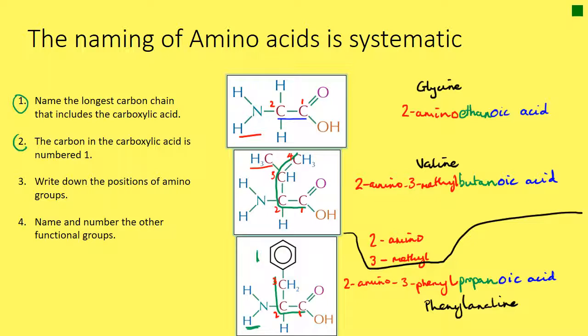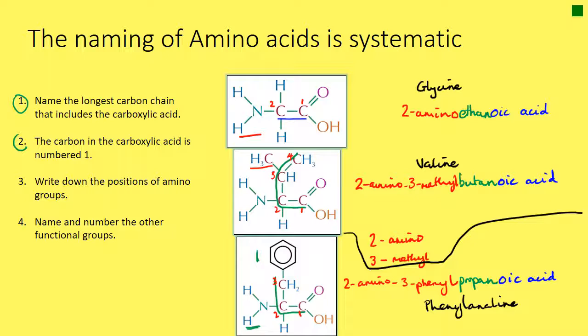So here we've got an amino acid. This is our simplest amino acid, where the alkyl group is just another hydrogen coming off the central carbon atom. Before we even start, let's remember that the systematic names for all amino acids end in oic acid. So we're going to write the end of the name first.